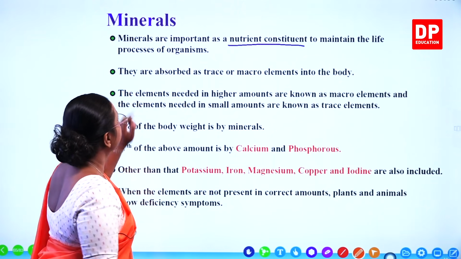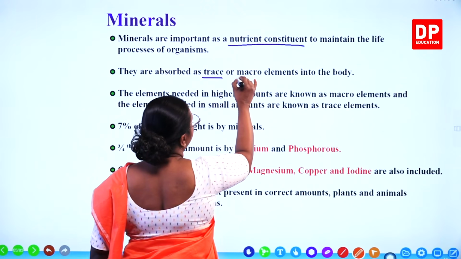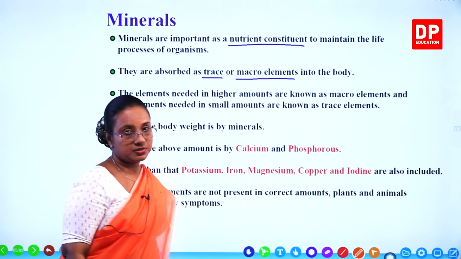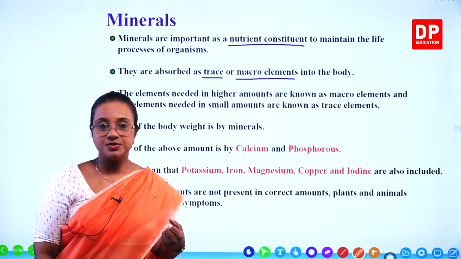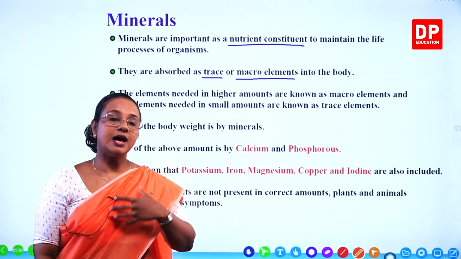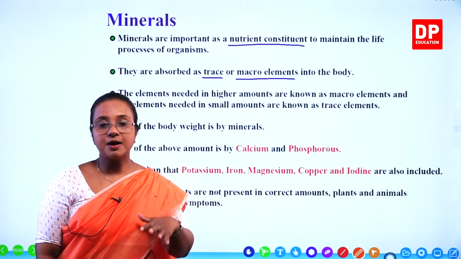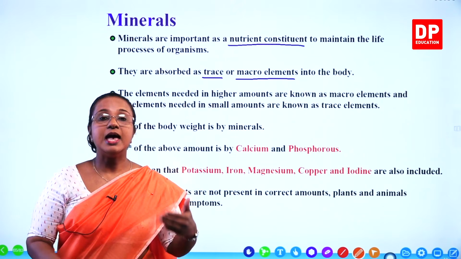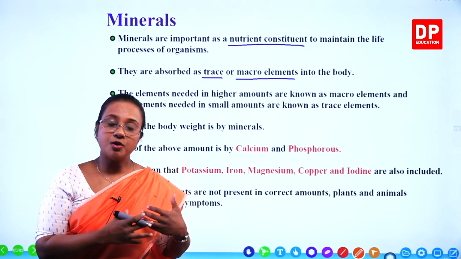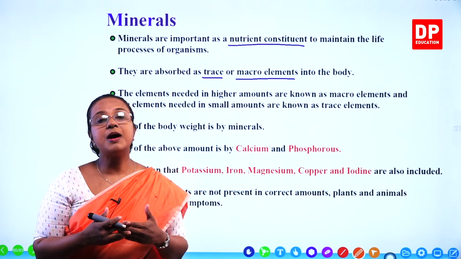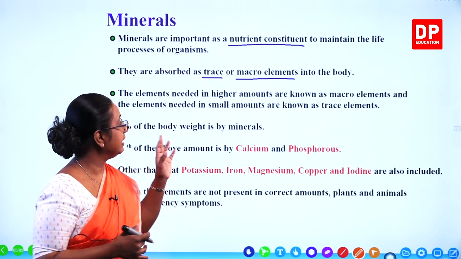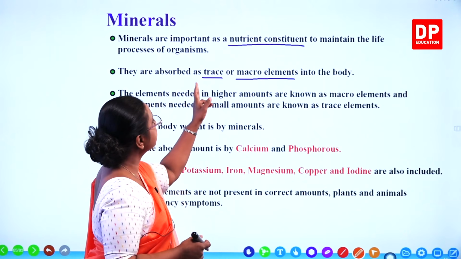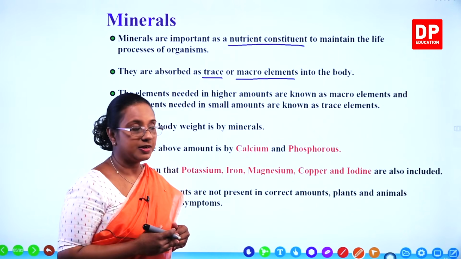They are absorbed as trace or macro elements. So, based on the amount of element absorbed, we saw that there are many elements. These come under inorganic elements, and some are absorbed in high amounts, some are absorbed in less amounts. So, based on that, we group them as trace or macro elements.